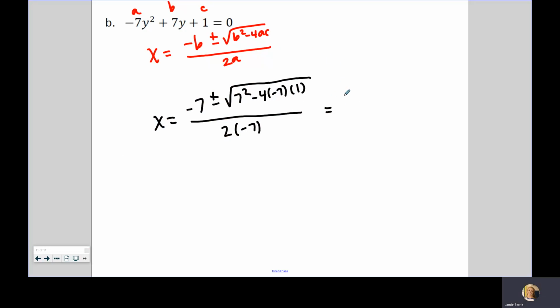So that's negative 7 plus or minus the square root of 49 minus negative 28, over negative 14. 49 minus negative 28 is 77.